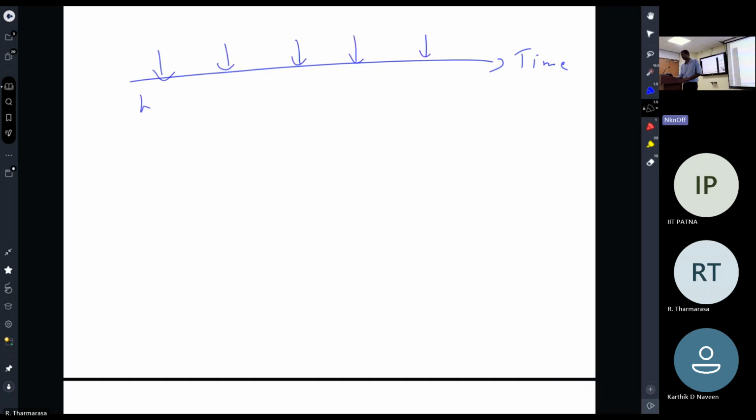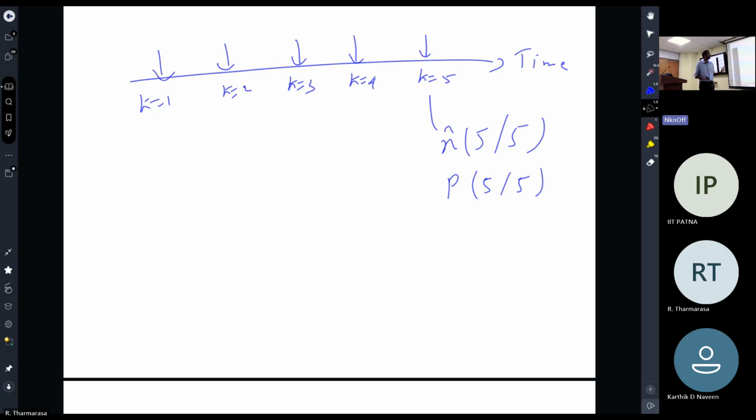This is k equal to 1, k equal to 2, k equal to 3, 4, k equal to 5. So now you have x hat 5. Are you okay with this? The normal Kalman filter we have updated up to this point.